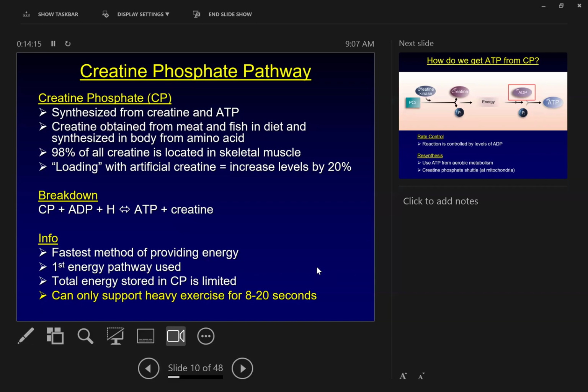Now, I want the person on your left to pick up a pen or a pencil. Here's what's happening. Person on the left holding the pencil, you are a molecule of creatine phosphate. The pencil is the phosphate.